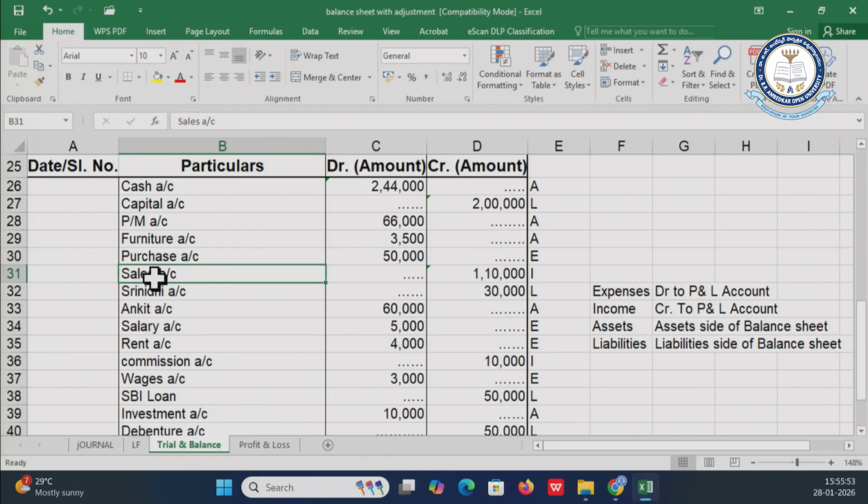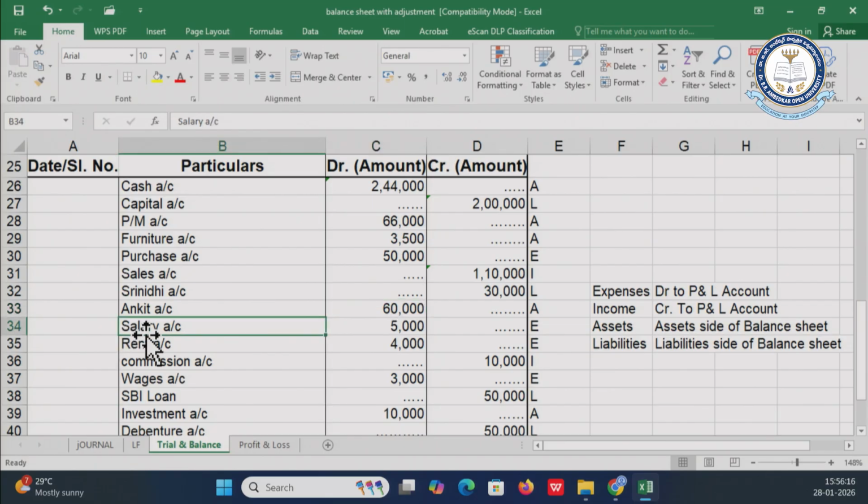Then sales is an income, income accounts always show credit balance. And Srinidhi is a creditor, creditors or liabilities accounts always show credit balance, 30,000. And Ankit is a debtor, debtors always show debit balance, 60,000.